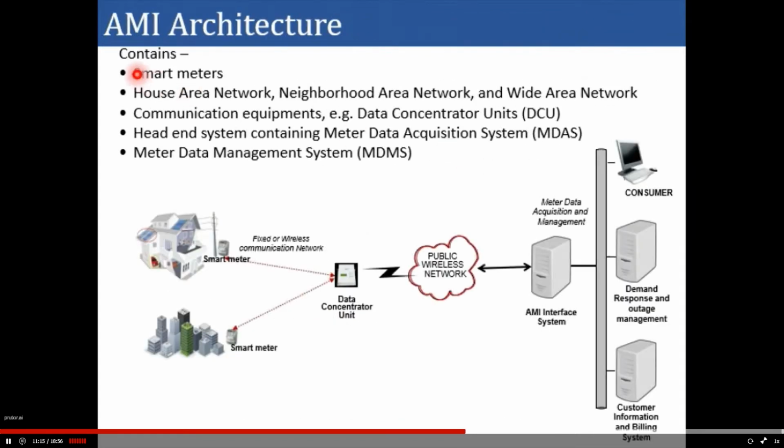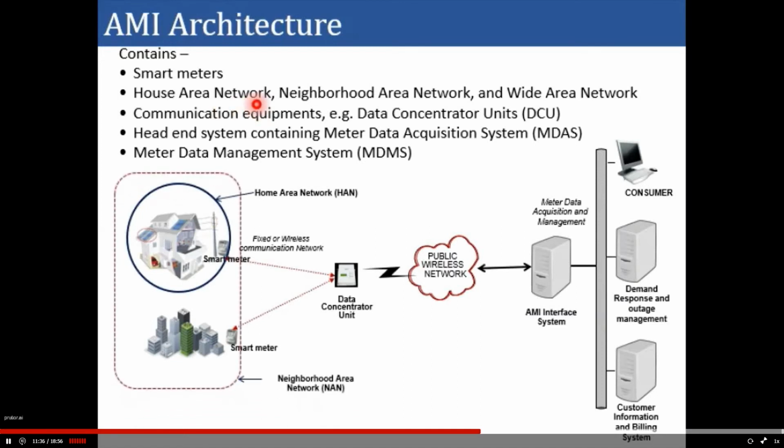Now let's talk about the AMI architecture, how the AMI architecture is built. So AMI architecture essentially contains smart meters, house area network. So you will see the house area network is part of your AMI architecture.